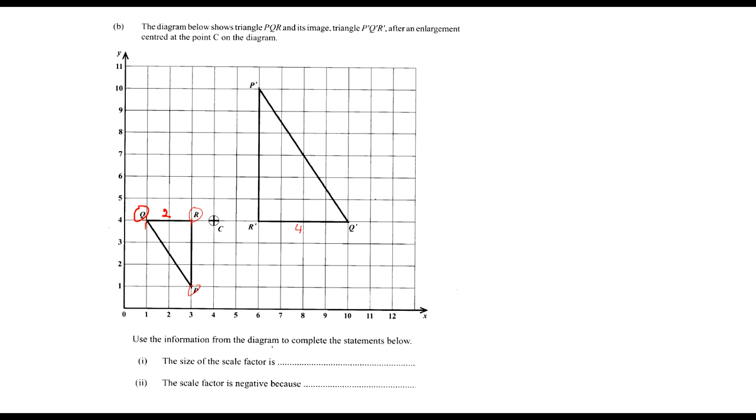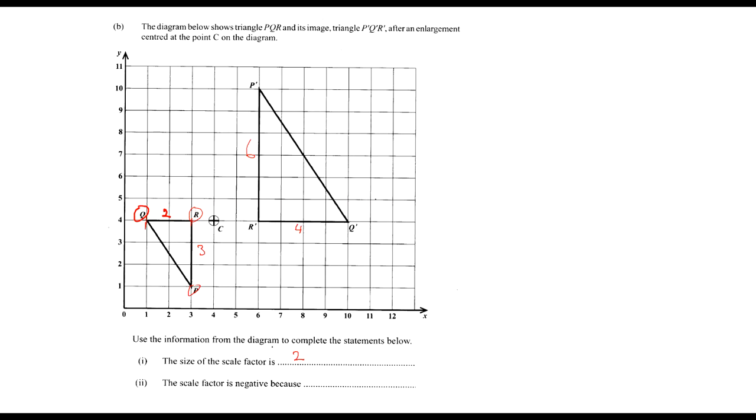So therefore the scale factor is 2, because it started off with length 2 units and you ended up with 4 units. So it's 2 multiplied by 2. You can check it with this one as well. From R to P, that is 3 units, and this is 1, 2, 3, 4, 5, 6 units. So you can see that the scale factor is still 2.